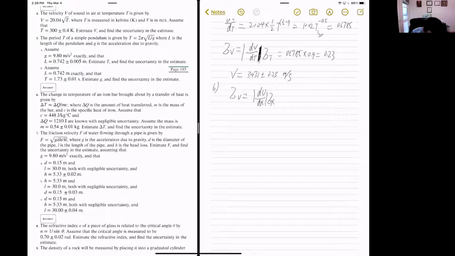So first, let's calculate delta T. It is equal to delta Q over MC. So plug in the numbers: delta Q, M is 0.454, C is 448.